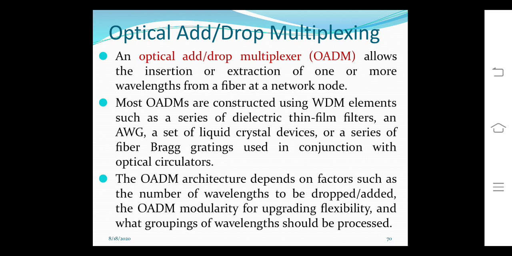The OADM architecture depends on factors such as the number of wavelengths to be dropped or added, the OADM modularity for upgrading flexibility, and what groupings of wavelengths should be processed. All these will be decided by this OADM.